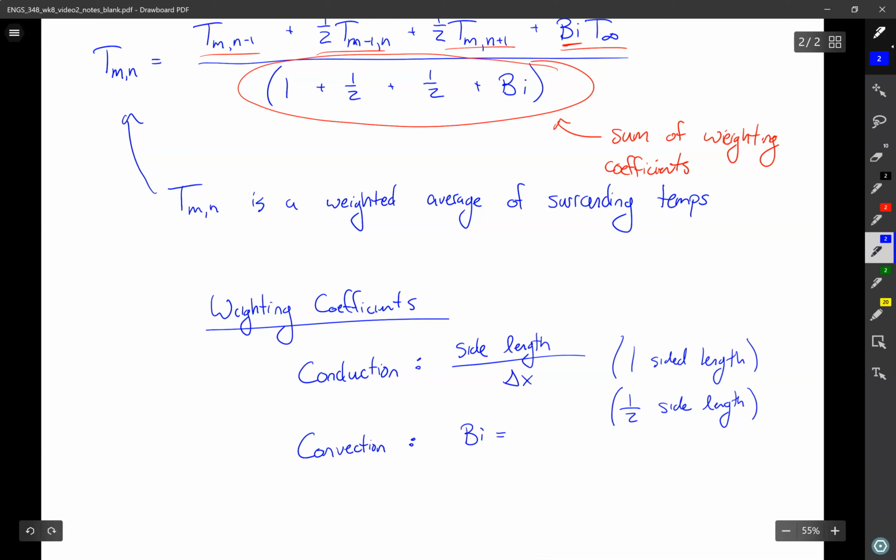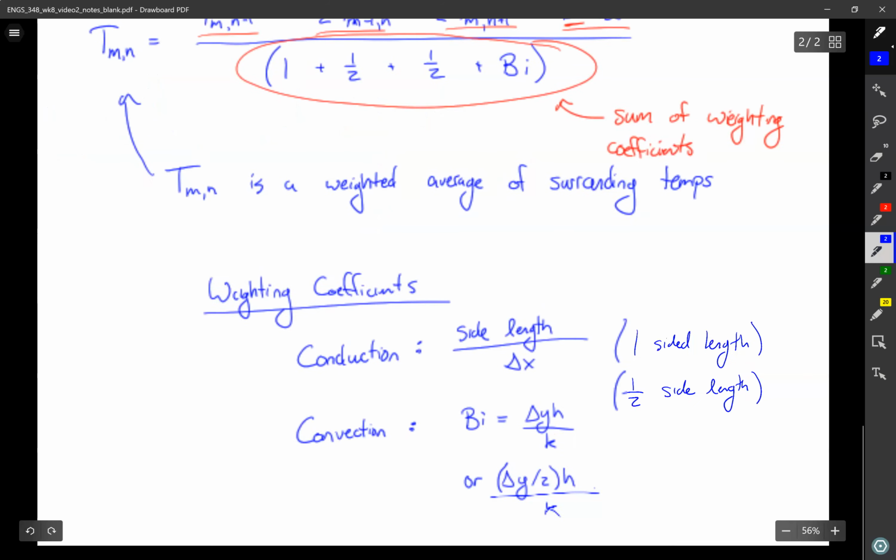And this is something like delta Y h over k, or it could be delta Y over 2 h over k. So if you have convection over only a half delta Y, for example, or a half delta X, you could have a 1/2 in front of that.